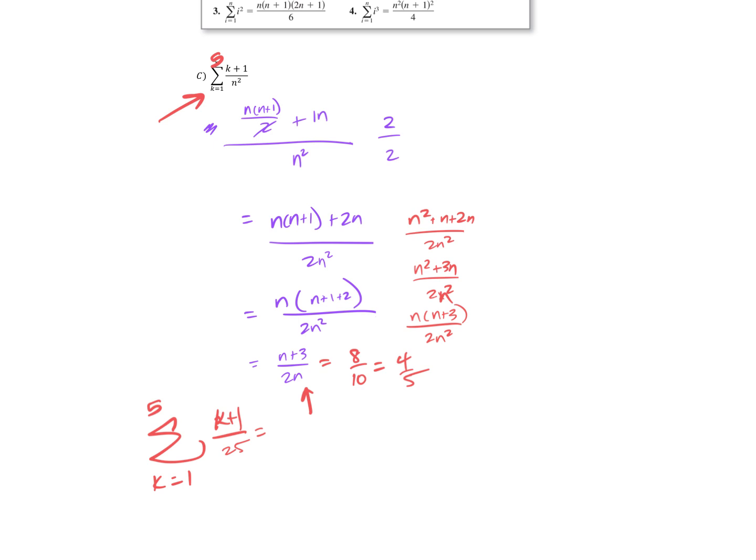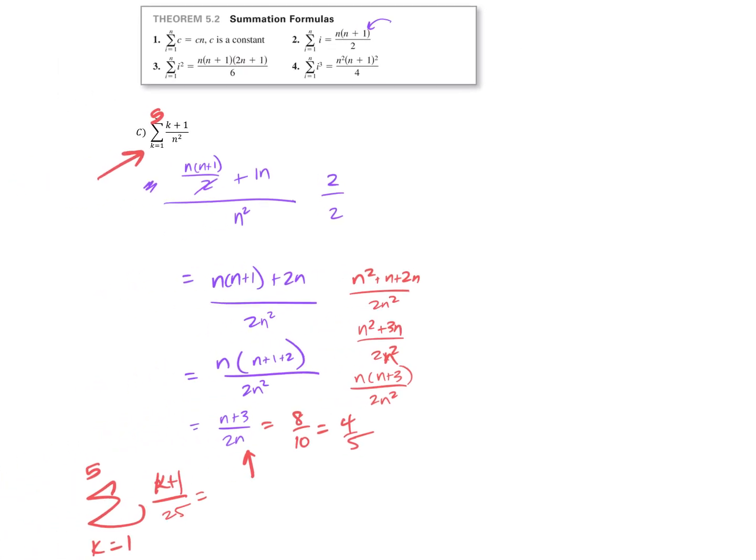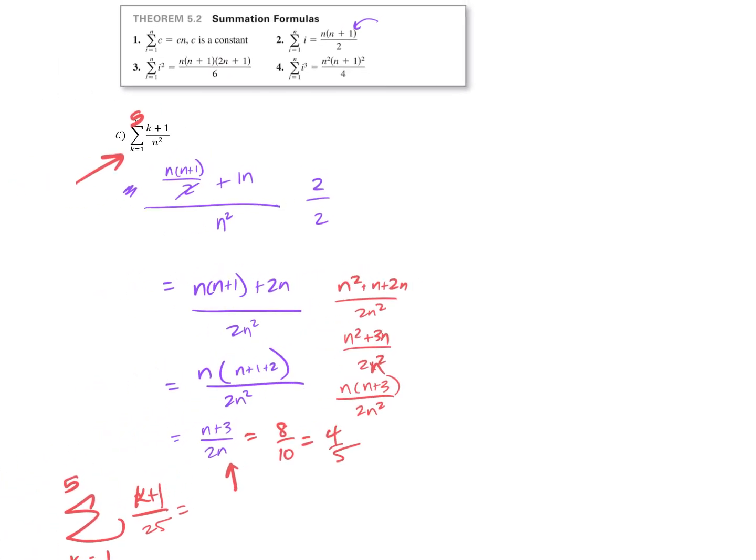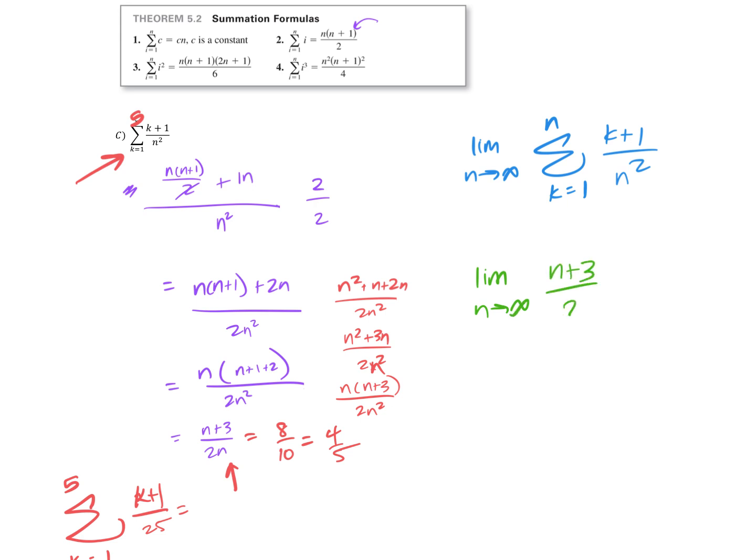Now, if we keep in mind that eventually our goal is going to be the limit as n goes to infinity, which limit would you rather take, the blue one or the green one?